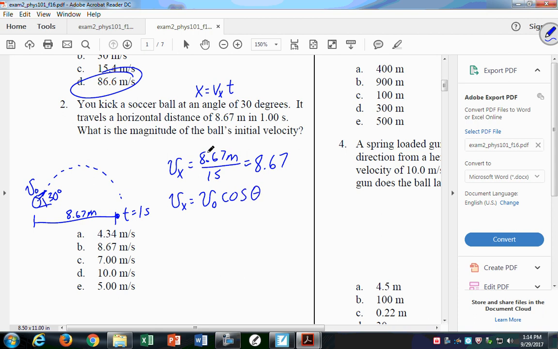If you don't remember that right off, you might want to write that on your little square in your sheet too, so you have it in front of you. And I solved this for V0. So V0 is going to be Vx over cosine theta. 8.67 over 0.867. Is that right? Yeah. And that's equal to 10. So D would be the right answer.